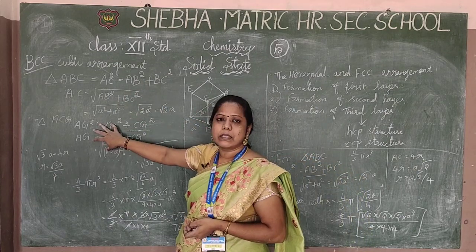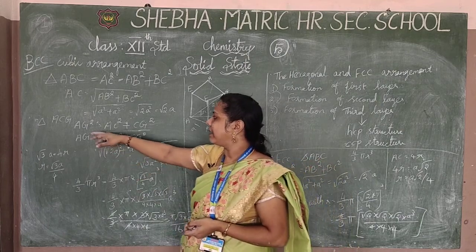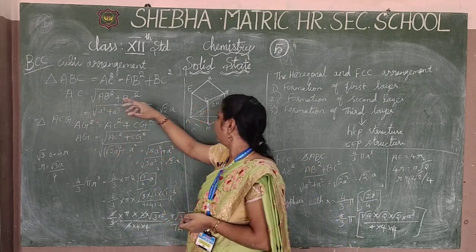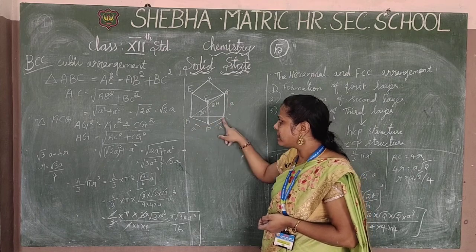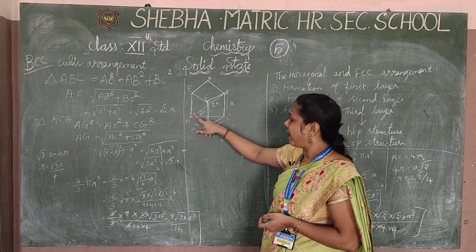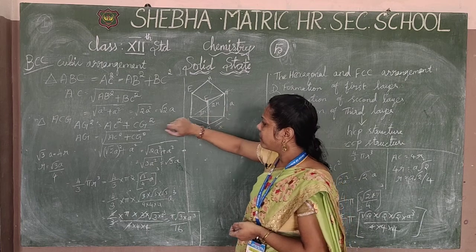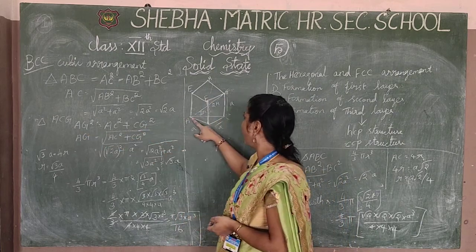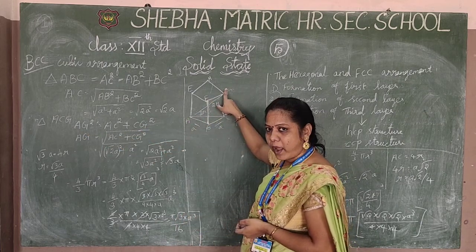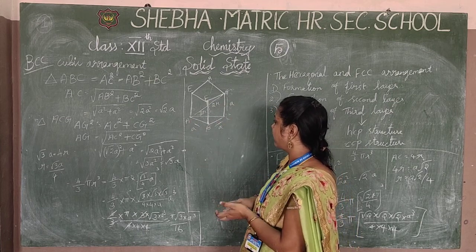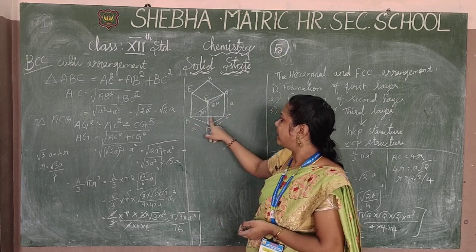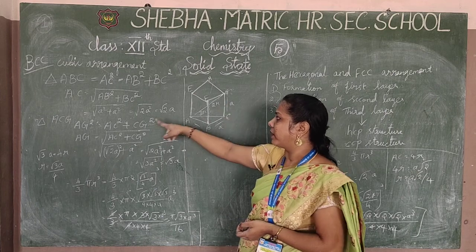Move on to another triangle, that is ACG. Here G. So ACG. In this diagram we have AG square is equal to AC square plus CG square. Okay, AC square plus CG square.